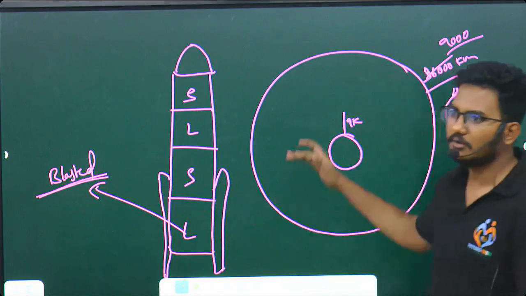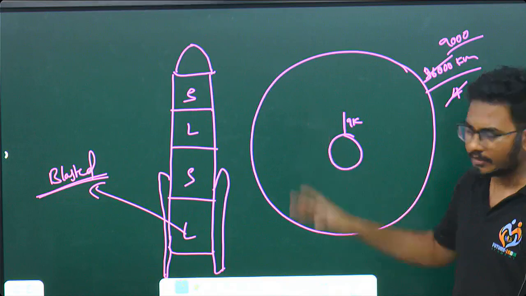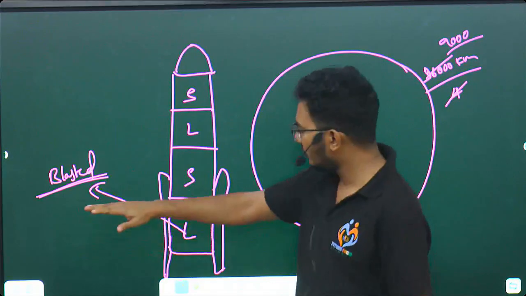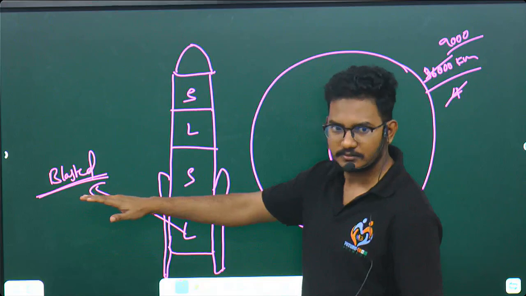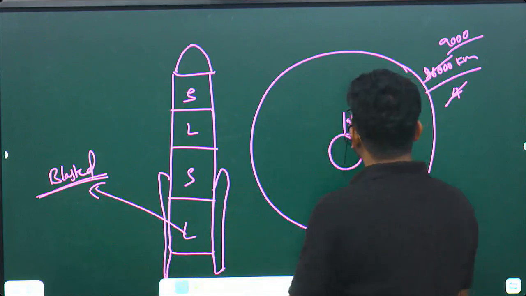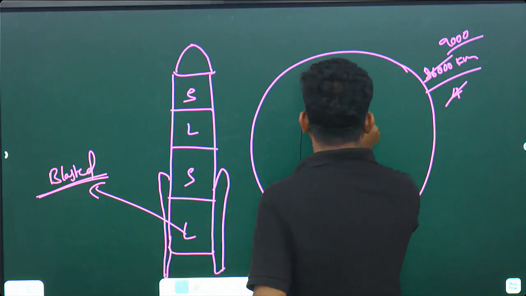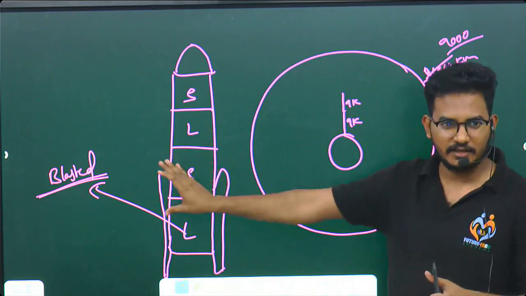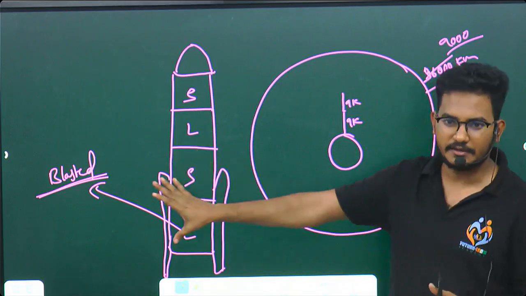After reaching a level of 9K, now we have only three stages. These two things are also gone. After traveling 9K kilometers more, this will also be completed. They design it that way. The fuel inside will be completed.